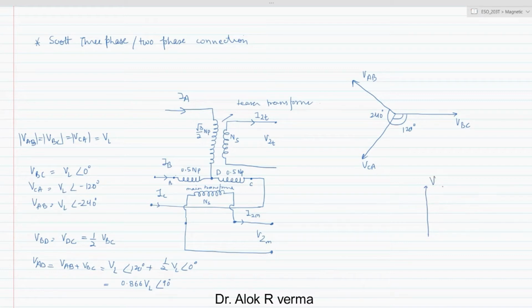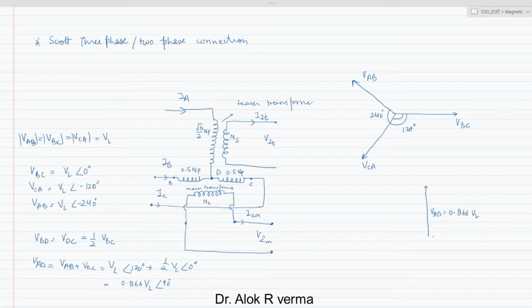This is VAD, which is nothing but 0.866 VL.